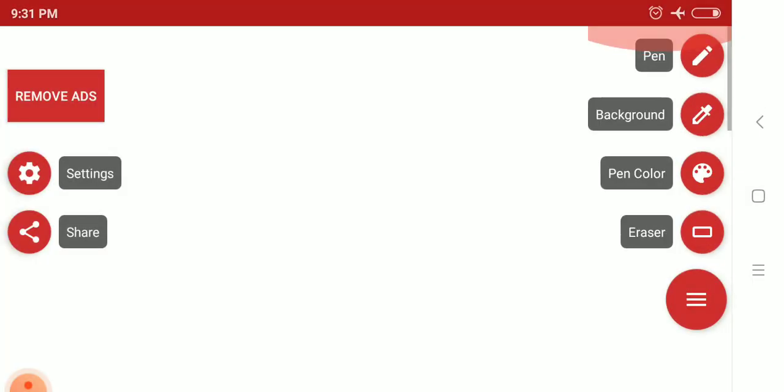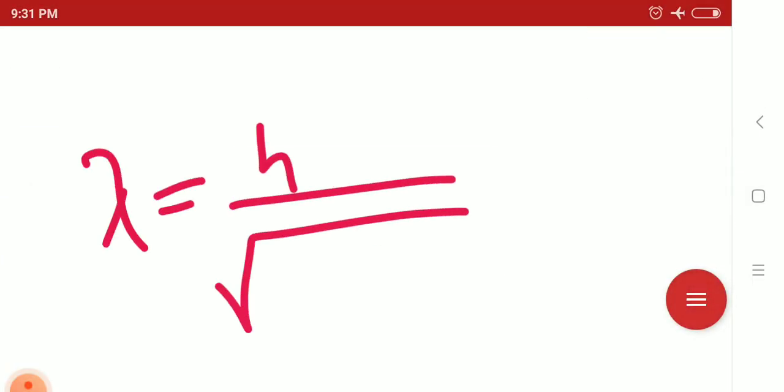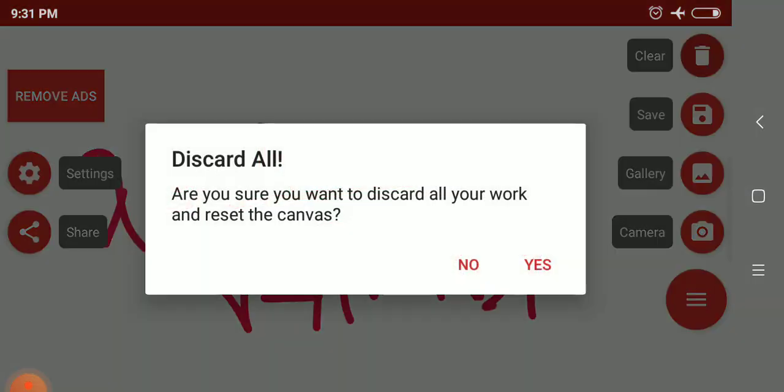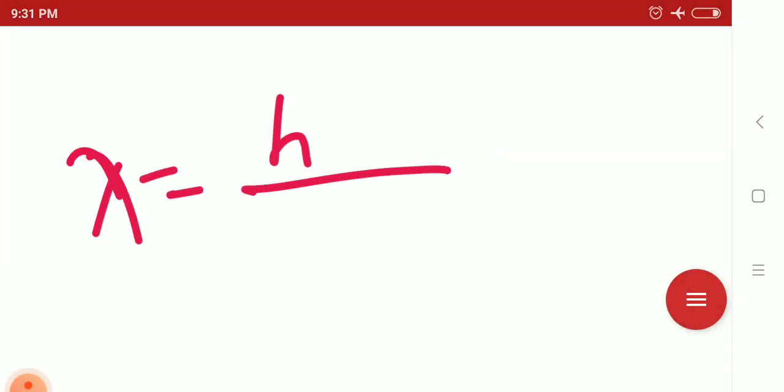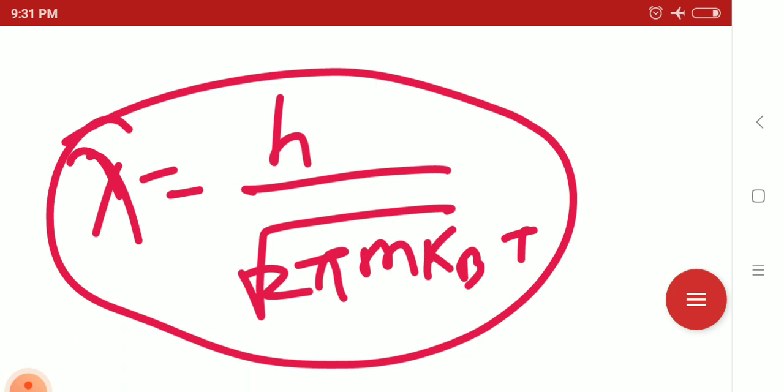We will use lambda equals h by root 2 pi m kBT. Let me write it clearly: lambda equals h by root 2 pi m kBT. So this is the formula for the average thermal de Broglie wavelength.